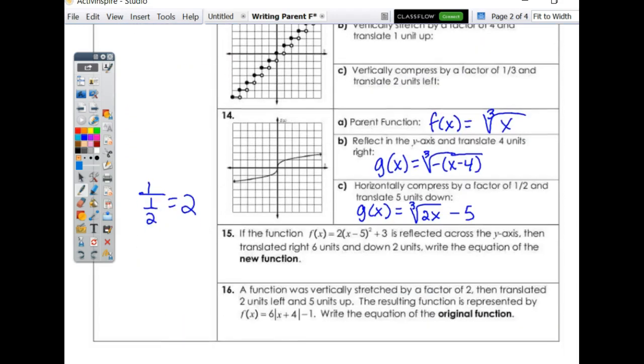Okay, 2 more. Number 15. I want to start with this function, and I want to do all of these things to it, and I want to end up with a new function. So the first thing, I'm going to reflect across the y. So where does that minus sign go? And so my parent function is x squared, right? So the minus has to go inside. So I'm going to have g of x equals 2.